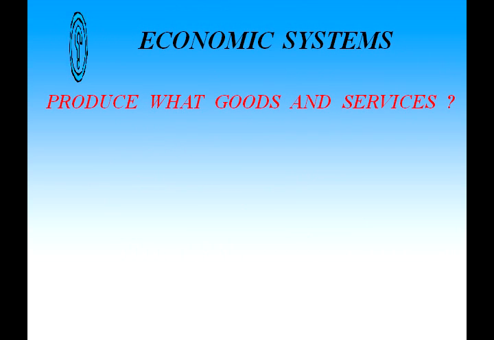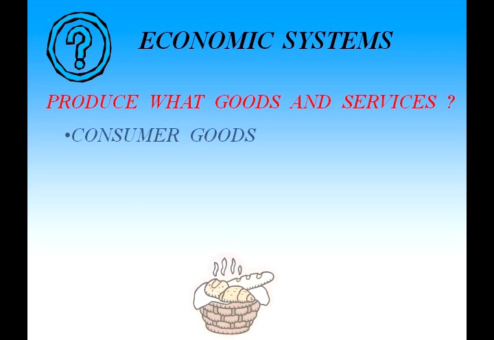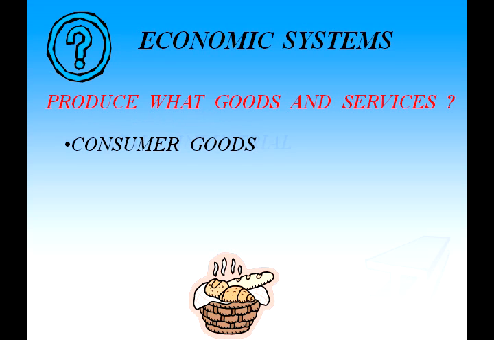In answering the question, producing what goods and services, this list could be quite a long one, but I'm going to summarize it into some broad categories and use some of the concepts that we've looked at in chapters 1 and 2. When we say produce what goods and services, we mean, should the society concentrate on consumer goods?